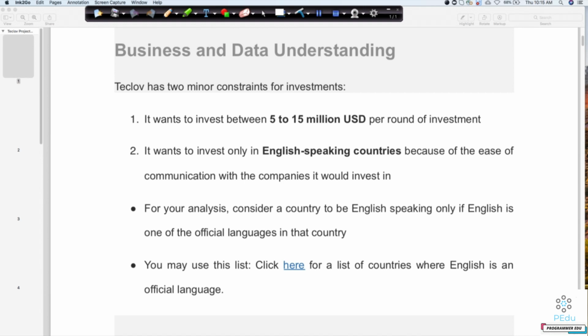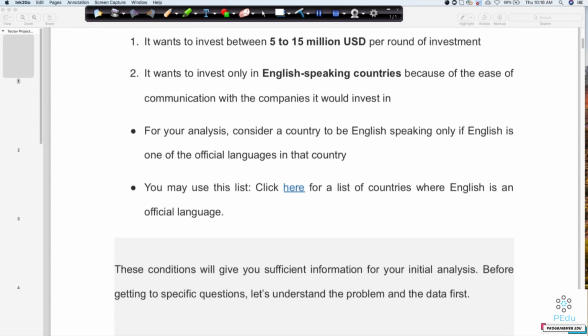It wants to invest only in English speaking countries because in our group there is no one who knows any other language apart from English. That makes the communication easier when they will be interacting with that company. Now for our analysis, consider a country to be English speaking only if English is one of the official languages in that country.